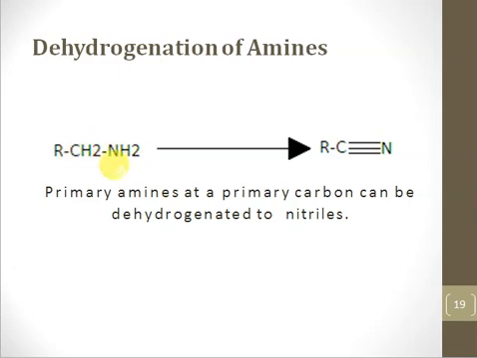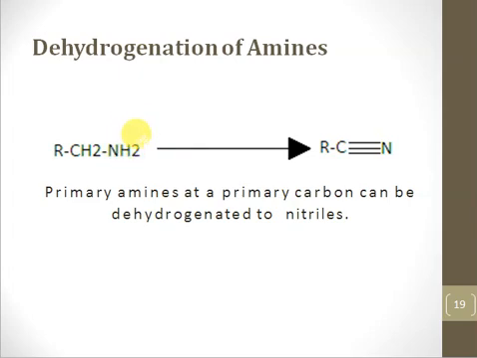If nitrogen is attached to two carbons, then this nitrogen is considered secondary. It doesn't matter if this R group is primary, secondary, or tertiary. If just one group is attached to this nitrogen, it is a primary amine, if two groups are attached, it is secondary, and if three groups are attached, it is tertiary. It's just the number of groups attached to the nitrogen that matters.